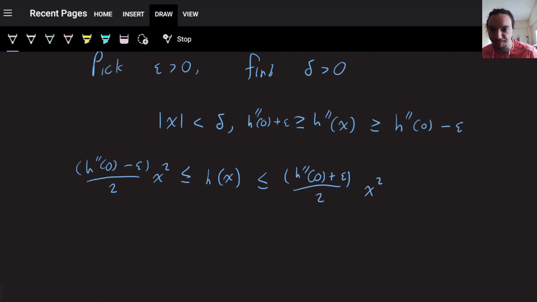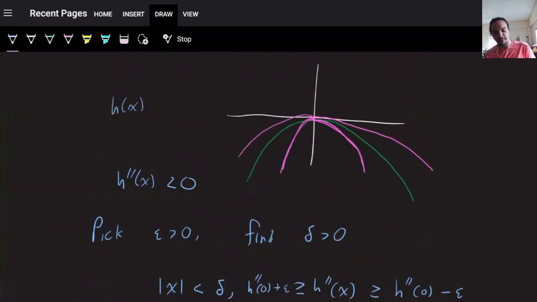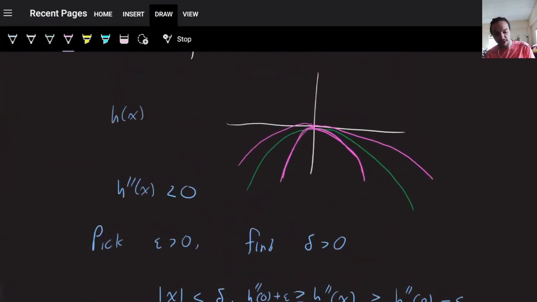In particular, if I add a little bit to that parabola and I subtract a little bit from that parabola, so this guy is h double prime 0 plus epsilon over 2 times x squared. This guy is h double prime 0 minus epsilon over 2 times x squared.